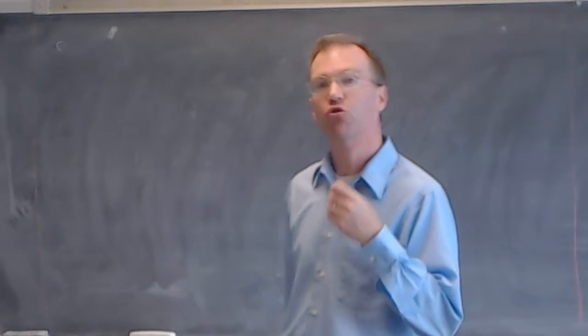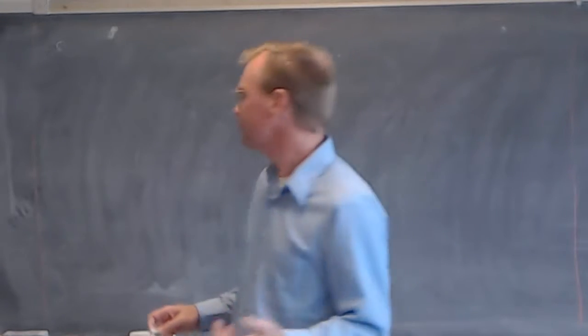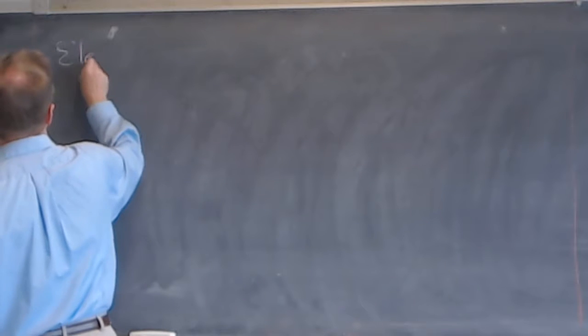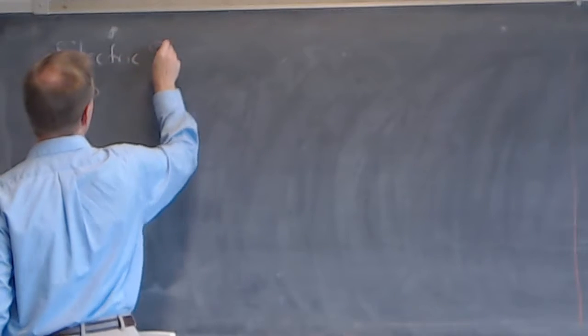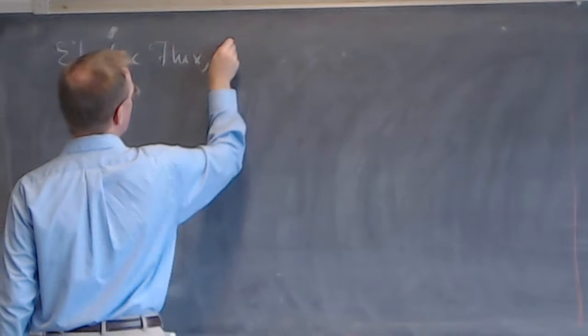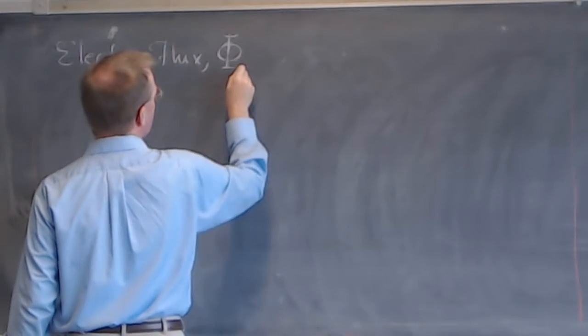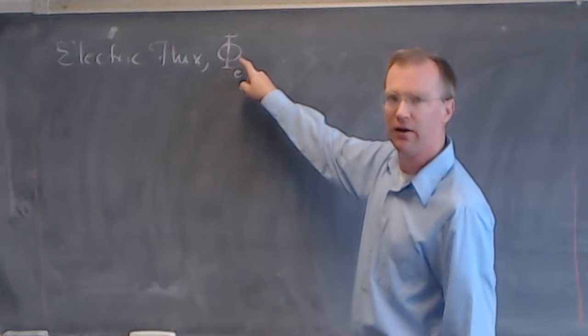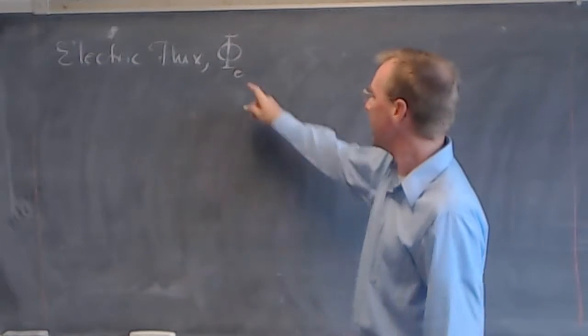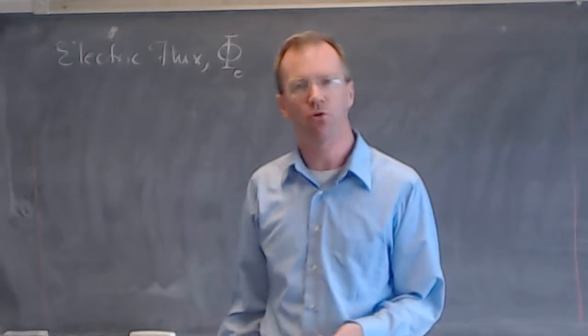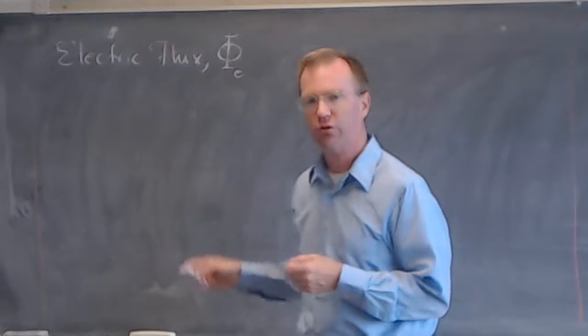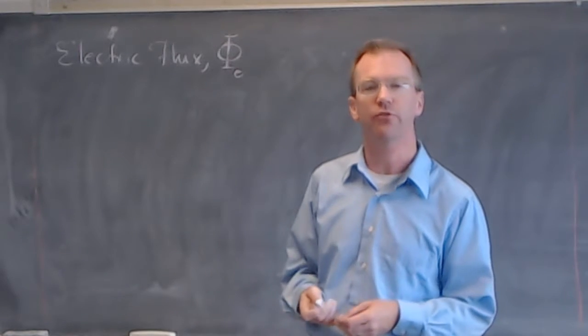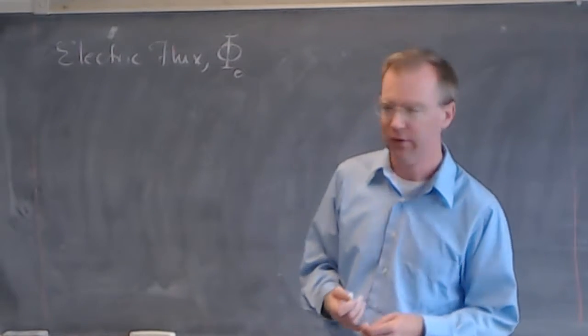All right, electric flux. Electric flux we're going to use the Greek letter capital Phi, P-H-I, and a subscript E will sometimes be put on there to stand for electric, and that's because later on we'll find that there is a magnetic flux as well.